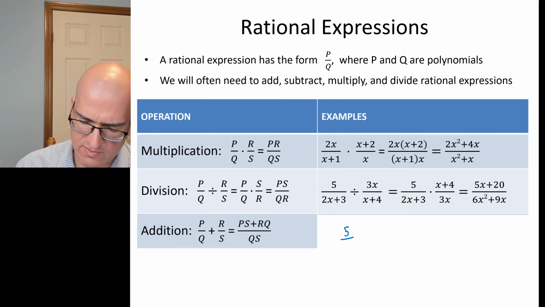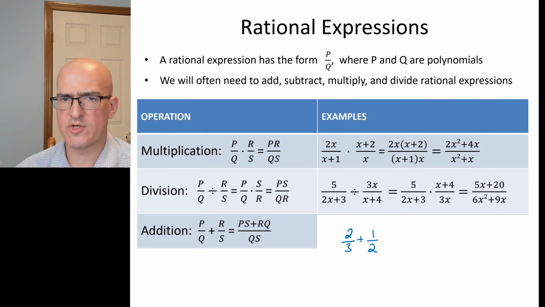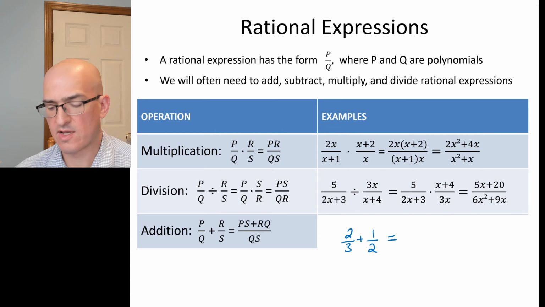No, not 5/6. What am I saying? Too high. 2/3 of a pizza plus 1/2 of a pizza. How much pizza is that? I don't know. I have to cut the slices up. So in the pizza that's been cut into thirds, what I'm going to do is take each of those thirds and cut them into halves.